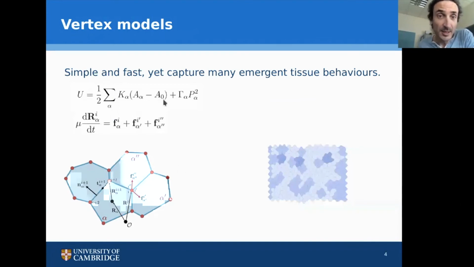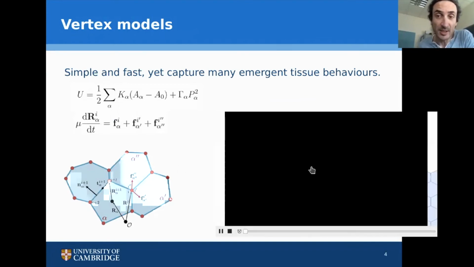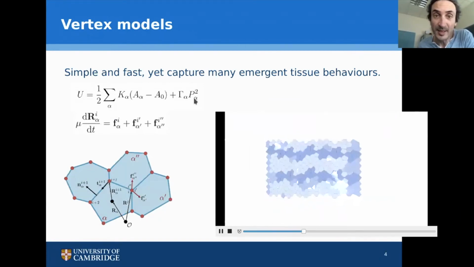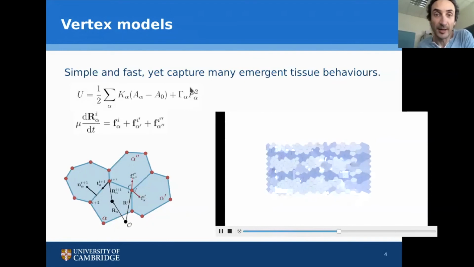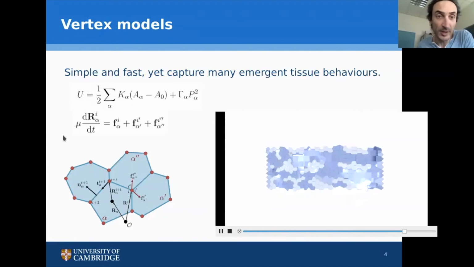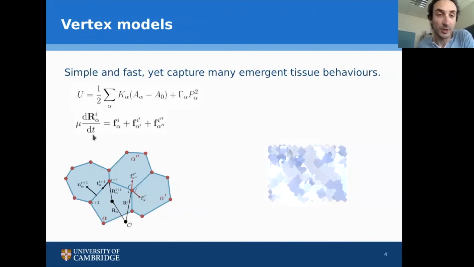It is simply saying that each cell in this tissue has a target area, minimizing a square here, and has some line tension of its perimeter, and you minimize this with just something which is rather a pseudo time, because here this friction is the friction associated with vertices, so it doesn't have a real link with the physics of the problem. So it's really a way of minimizing this energy functional by rearrangements.